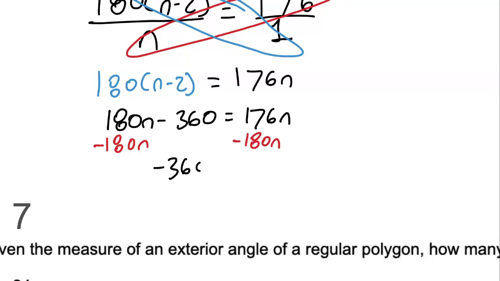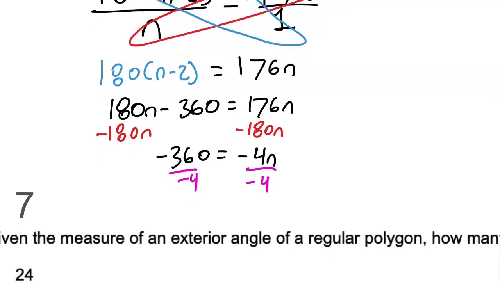So negative 360 is equal to negative 4n, divided by negative 4. n is equal to 90. That's a lot of sides.